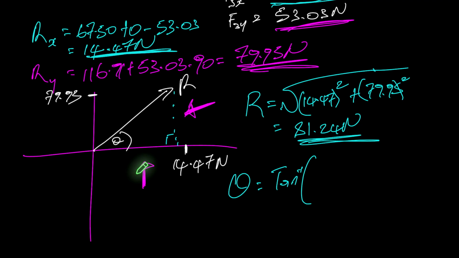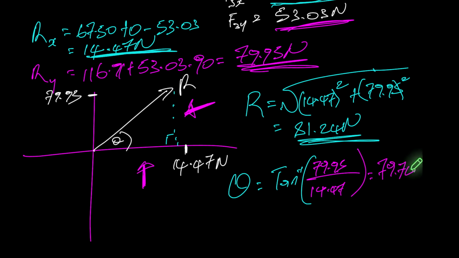So it's the opposite, which is the vertical value, 79.95, over the horizontal, which is 14.47. This now gives us the angle, which turns out to be 79.74 degrees right there. That's representing the resultant and the direction and the angle for our force components.